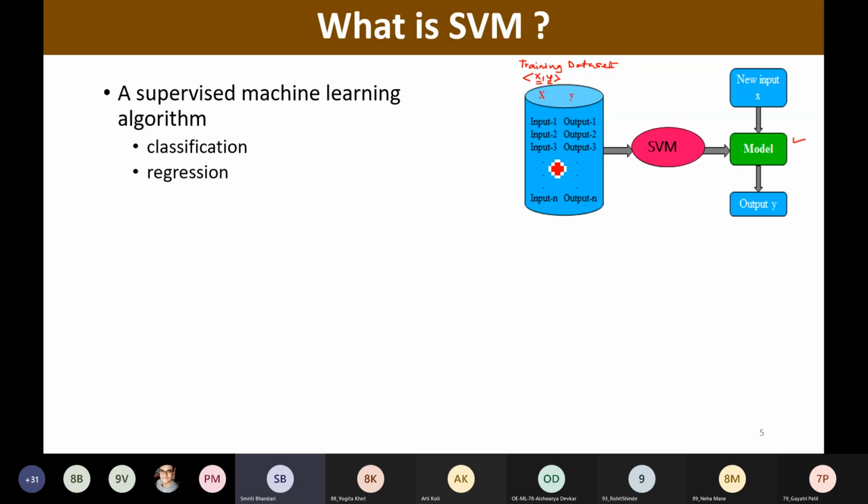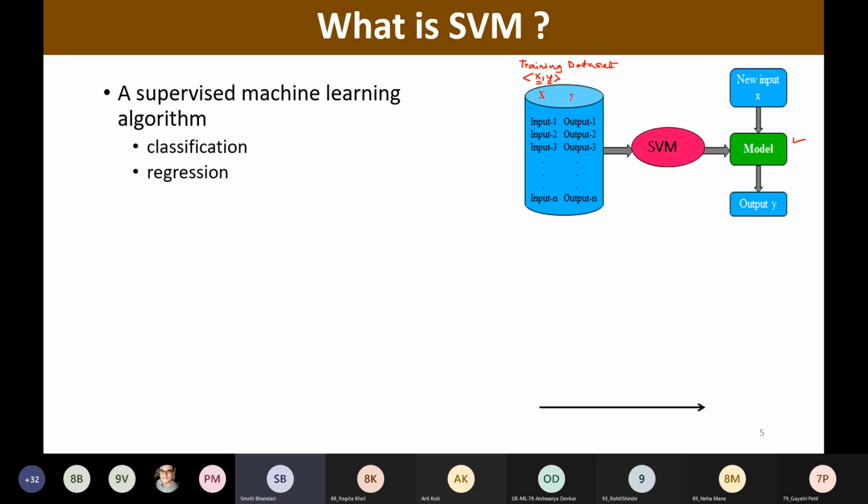That training data is being provided to SVM. The model is being created, and then the classification for test samples can be done. So this is how our support vector machine works as a supervised machine learning algorithm.